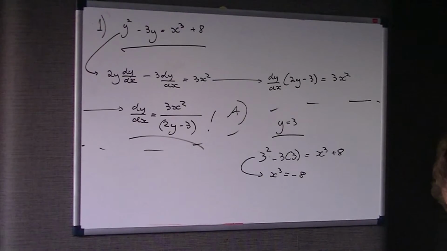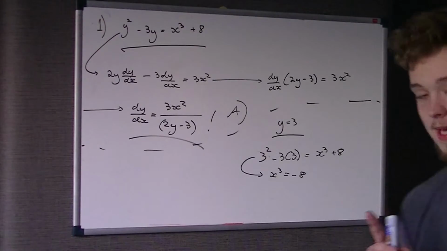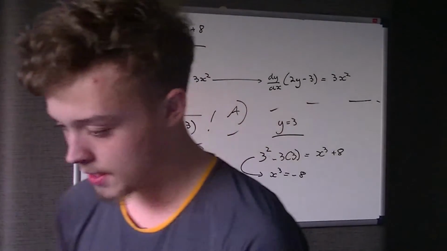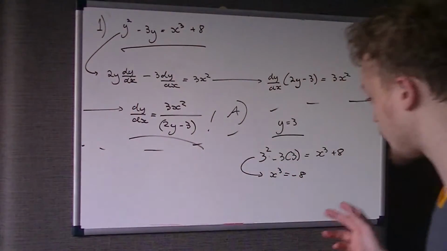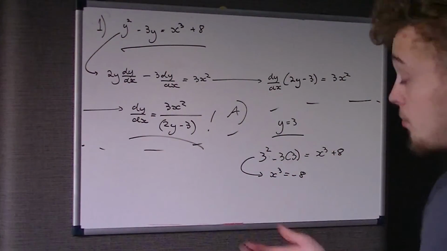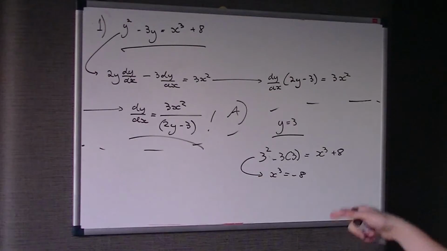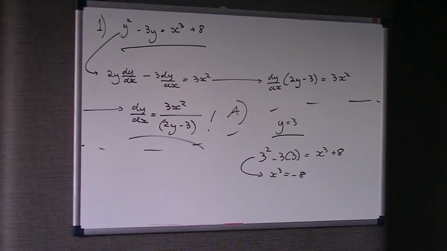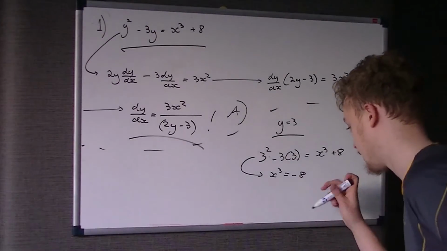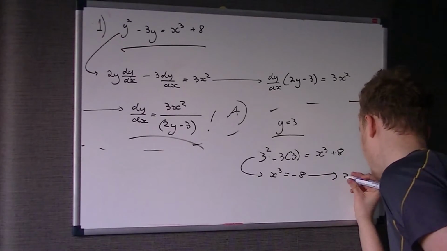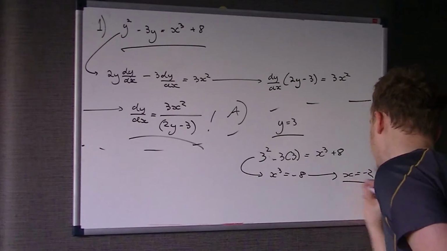When we square root, we put plus and minus, but because we've got a minus 8 here, there's no way you cube a positive number that will give us minus 8. Basic math. So if we cube root both sides, x must be equal to minus 2.